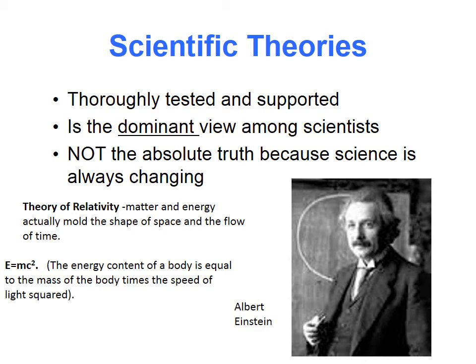One of them is the theory of relativity, and another is that famous formula, E equals mc squared. So when we're looking at theories, understand that they could change, because remember, there's new evidence, and new technology can come up, so a theory can be replaced by one that's maybe more useful.